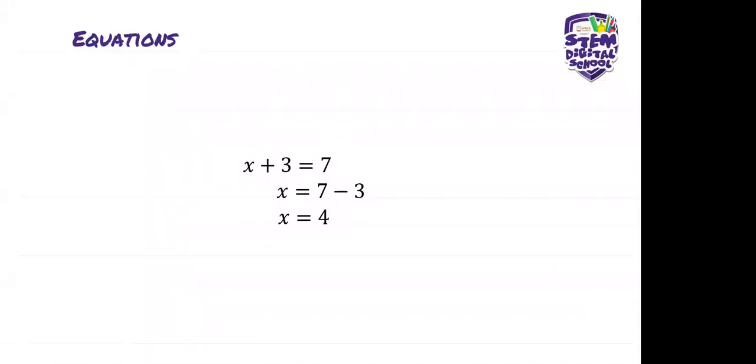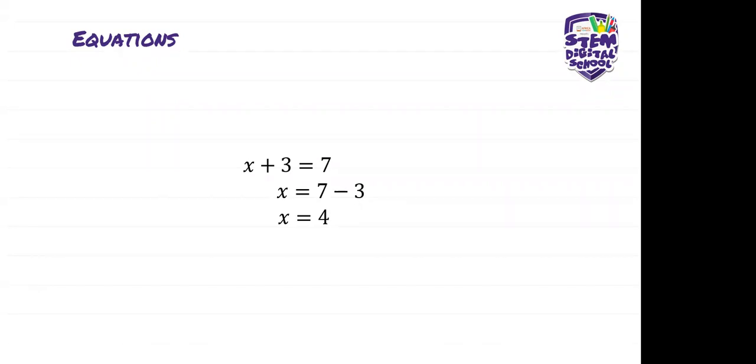And you can tell that once you transpose it to the right-hand side, it will now change the sign. That is the additive inverse that I was talking about. The additive inverse of positive 3 is negative 3. And of course, vice versa. The additive inverse of negative 3 is positive 3.